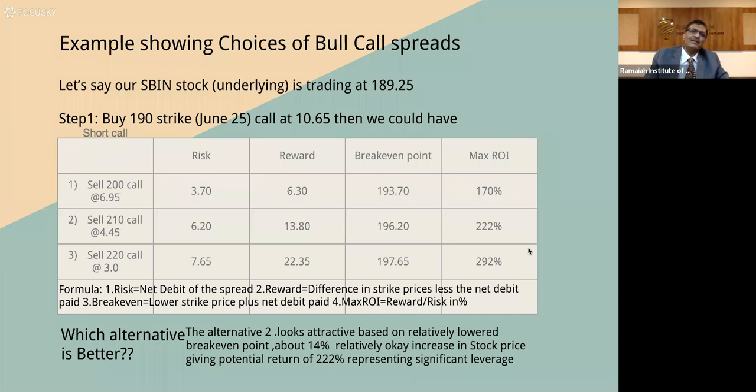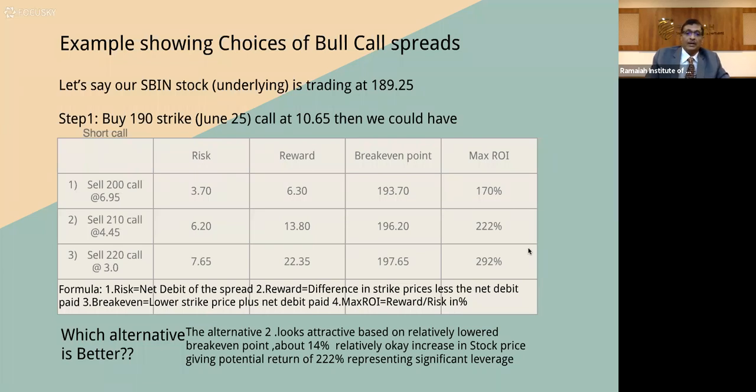And possibly I feel that the 220 call is unjustified. That's a 21% stock increase. I have never seen SBI increasing that much over the last 4 or 5 years. It's a government-backed bank. NPAs are large, but whatever the case may be, my view is not that. My view is that it will typically rise 10 to 12%. If it rises 14%, well and good.